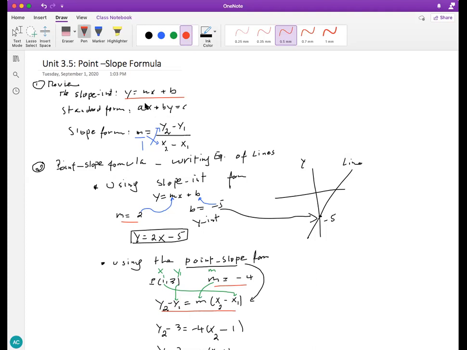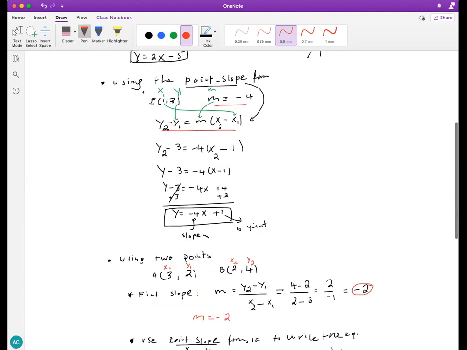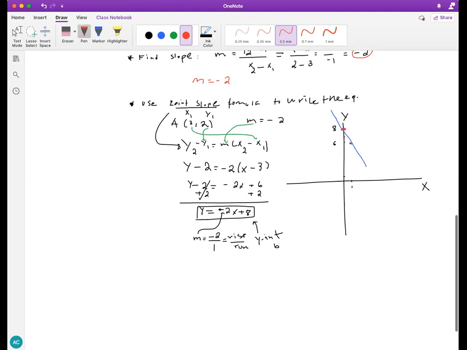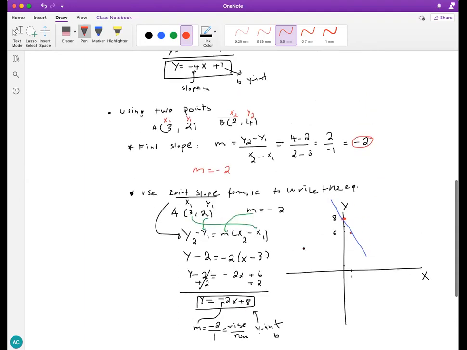We've been using this, and to graph this, that's when you do a lot of tables. If you remember, we talked about the x and y intercepts. So we do x and y. We use this to graph, okay? But if you have this, it's more convenient and easy to graph, as we did here. You just start from here, rise and run, and immediately you get your line.